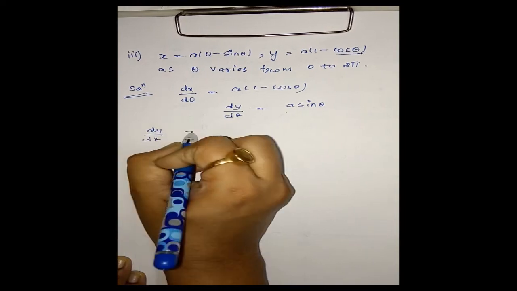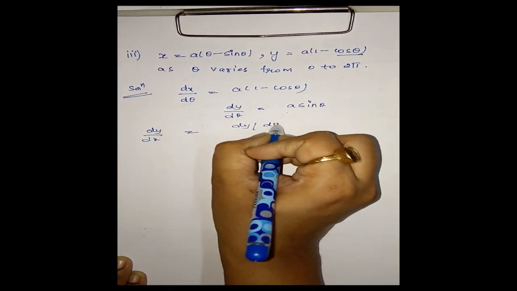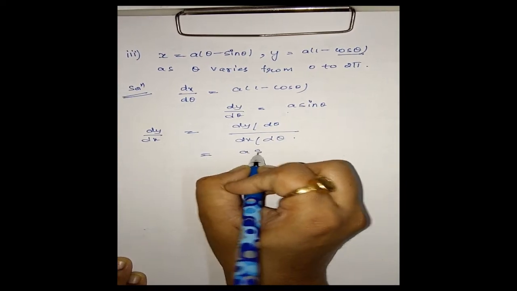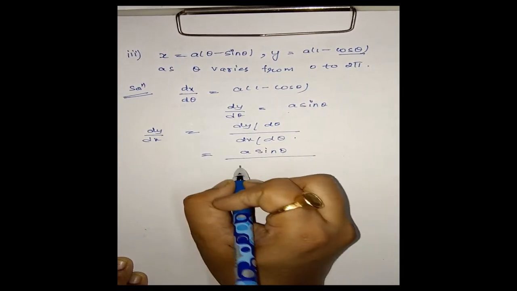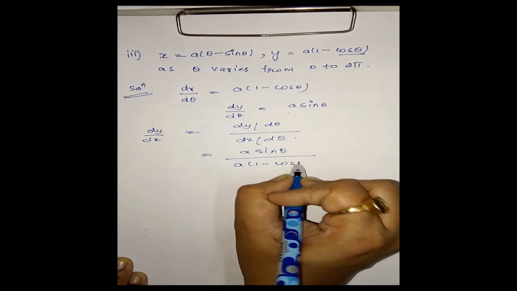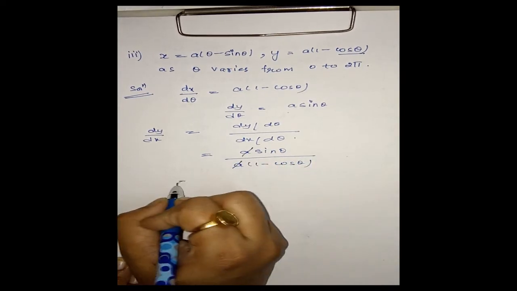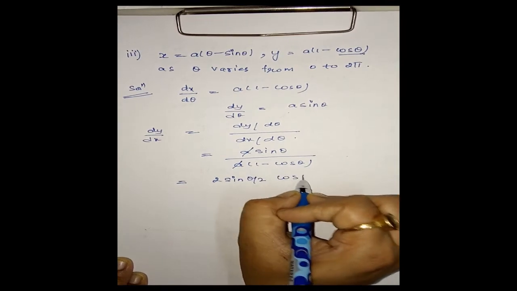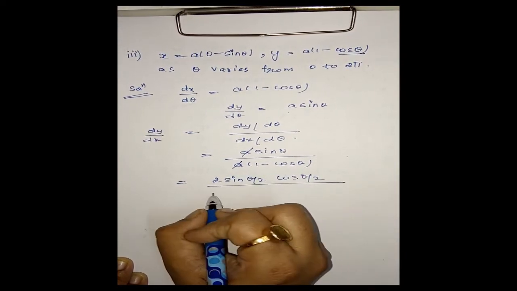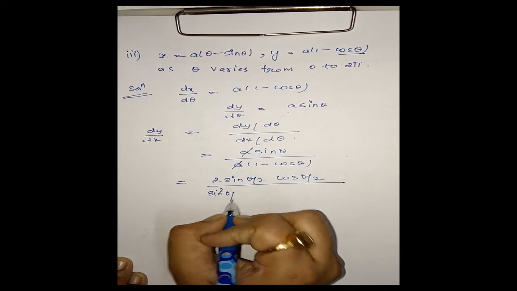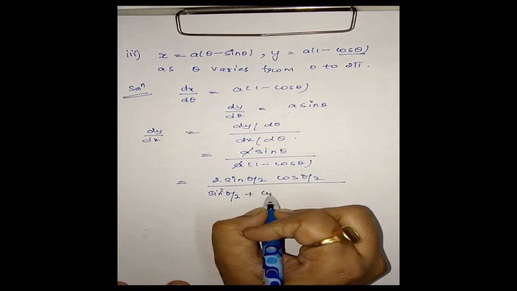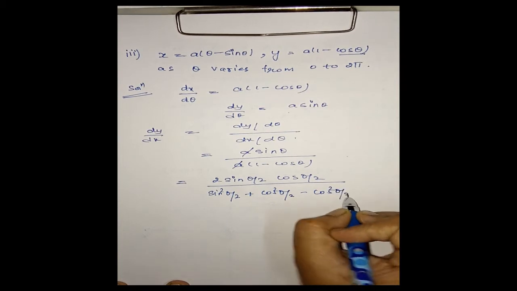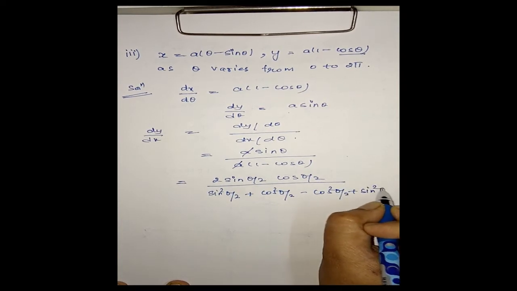dy by dx is dy by d theta divided by dx by d theta. This is a sin theta by a(1 minus cos theta). That means this is 2 sin theta by 2 cos theta by 2, over sin square theta by 2 plus cos square theta by 2 minus cos square theta by 2 plus sin square theta by 2.